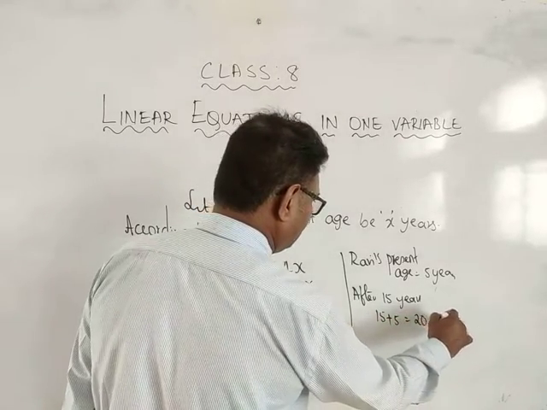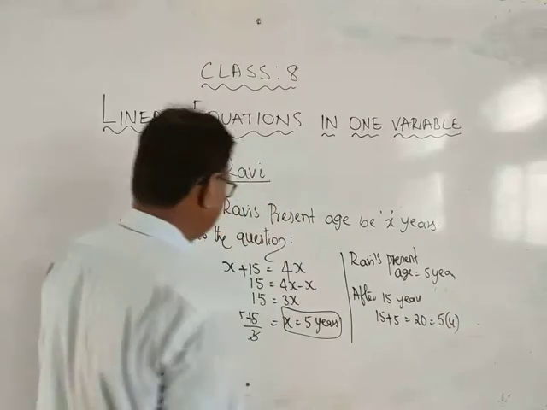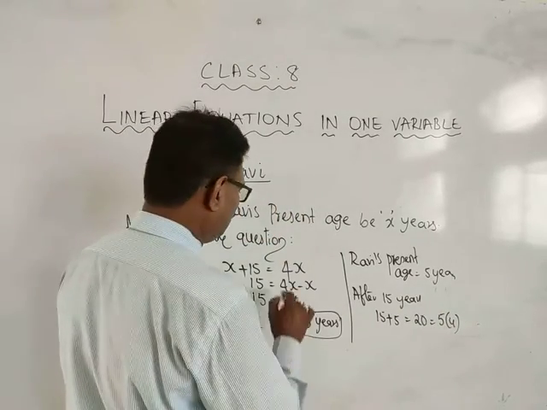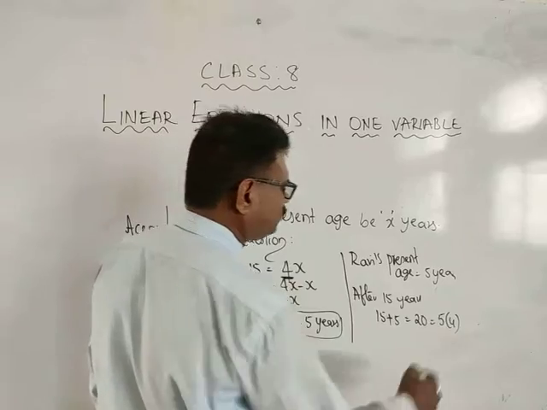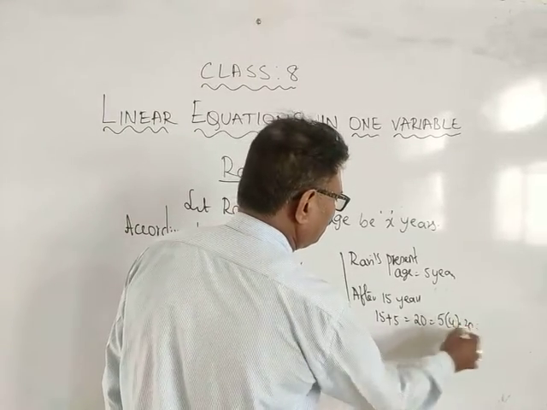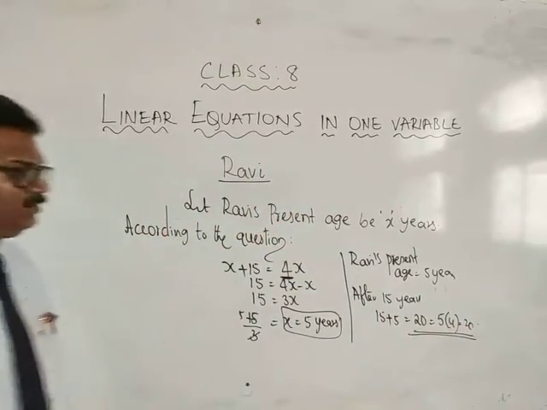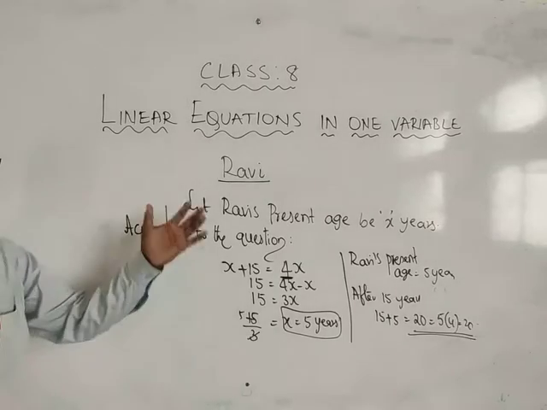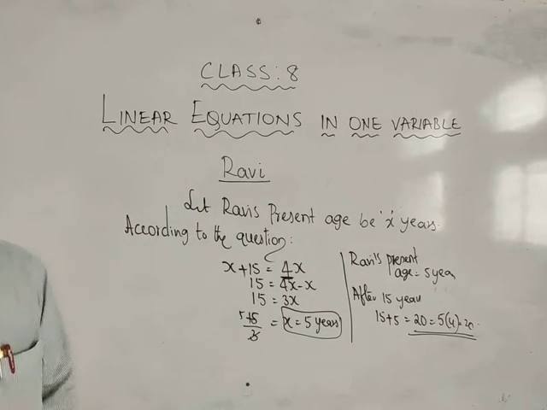It is nothing but 4 times his present age. Correct or not? So 4 times 5 is 20. Okay? Do you understand?